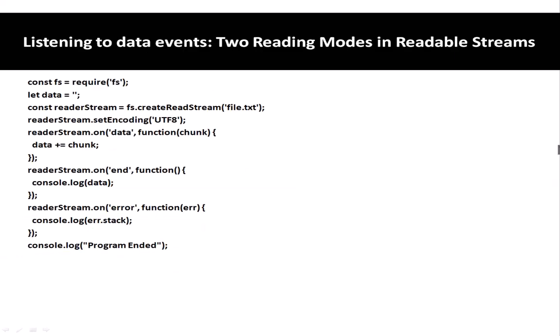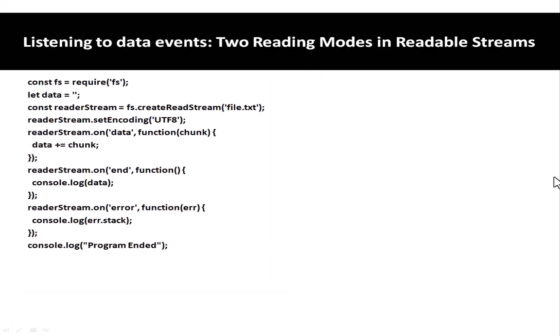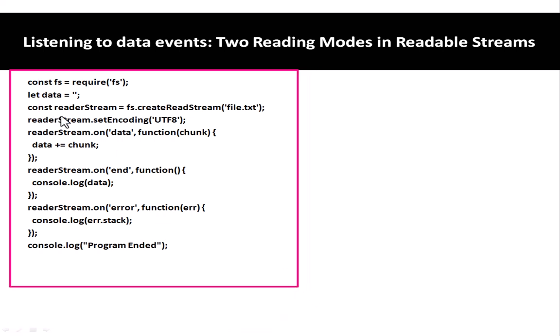Next, two reading modes in readable stream. Before that, we used a single readable stream, and now we are using two. Here we are using require file system, and we are going to create a read stream with file name.txt, and we have set the encoding UTF-8, and we are using a data event followed by the function chunk.